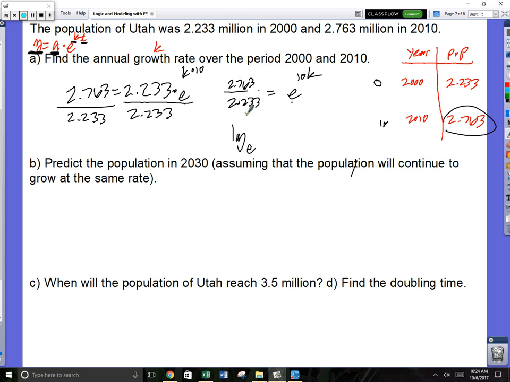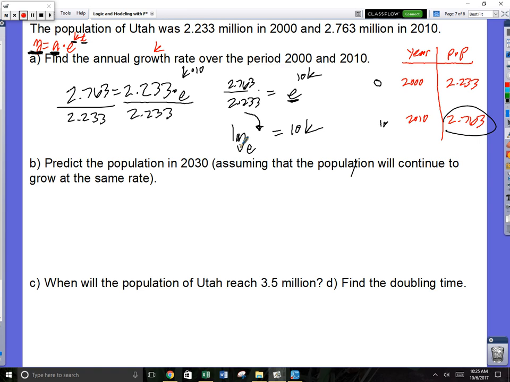That number goes right there, and that is equal to 10k. So to morph an exponential layout to a logarithmic layout is not bad. That is always the base. Your exponent is always going to be what it equals, and this guy is what we're going to take the log of.